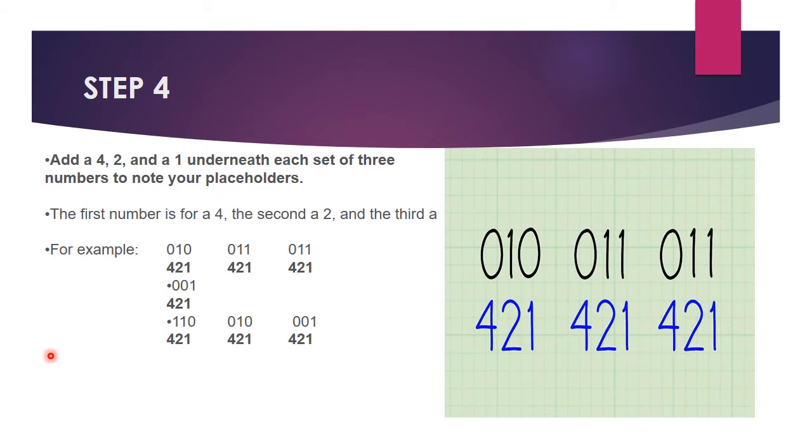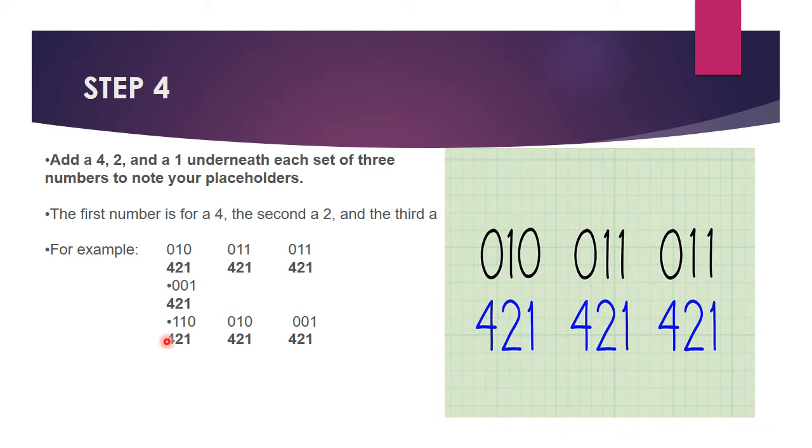Now what you need to do is add a 4 2 1 to each of these groups. 4 2 1 over here, and then for this 011 I have also added 4 2 1, and then 010 I have also added 4 2 1 over here. Take another example, 010011, the same way.